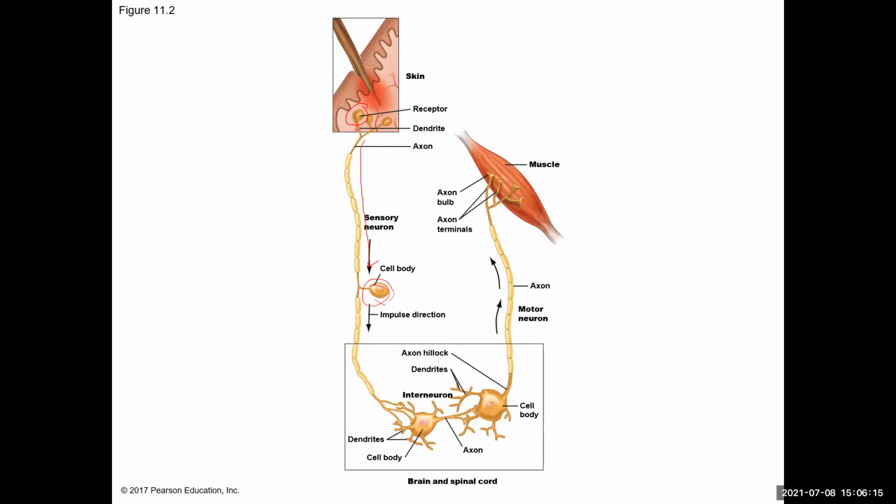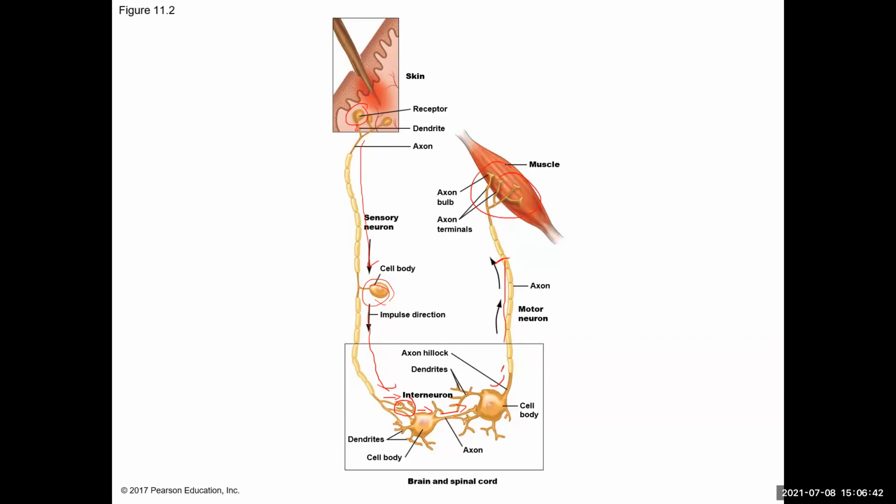And the cell body here, then we have the other axon being propagated down. That axon will transmit that information to another neuron. It will go across the dendrites, across the cell body, down the axon to a third neuron, right? That will then propagate it down to the muscle.